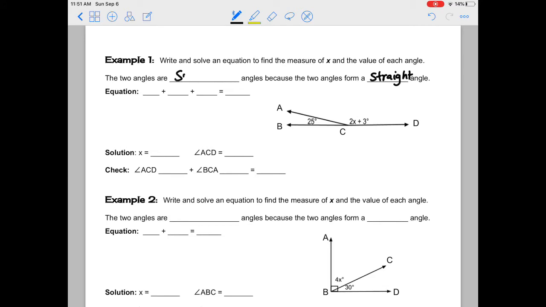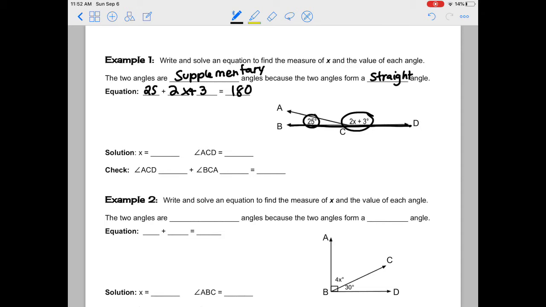So the two angles are supplementary angles because the two angles form a straight line. So here you see my straight line. My equation would be 25 plus 2x plus 3, which equals 180 degrees, because it's always going to equal 180.